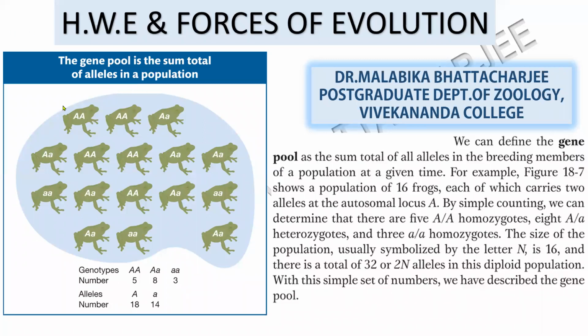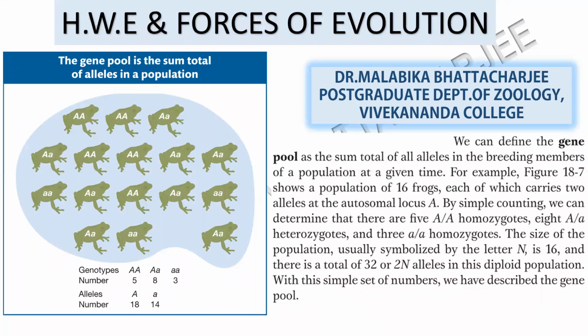So this is a story of 16 frogs in a pond. You can see that there are two alleles in this population that we will be concentrating on: a capital A allele and a small a allele.